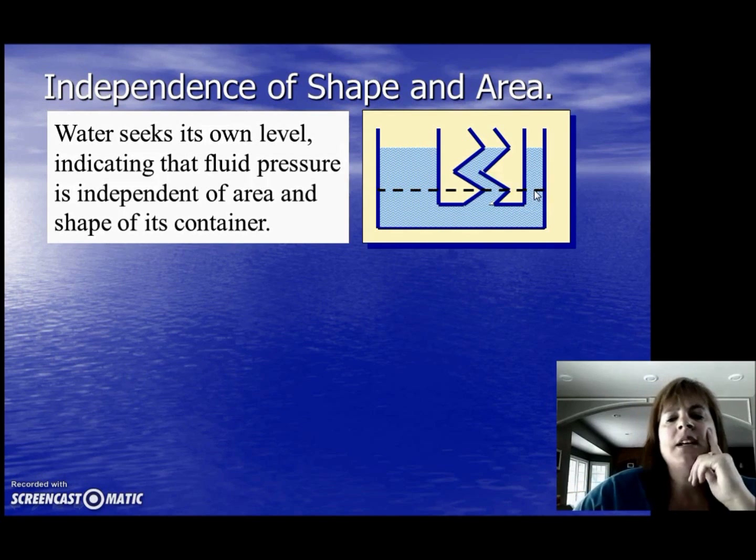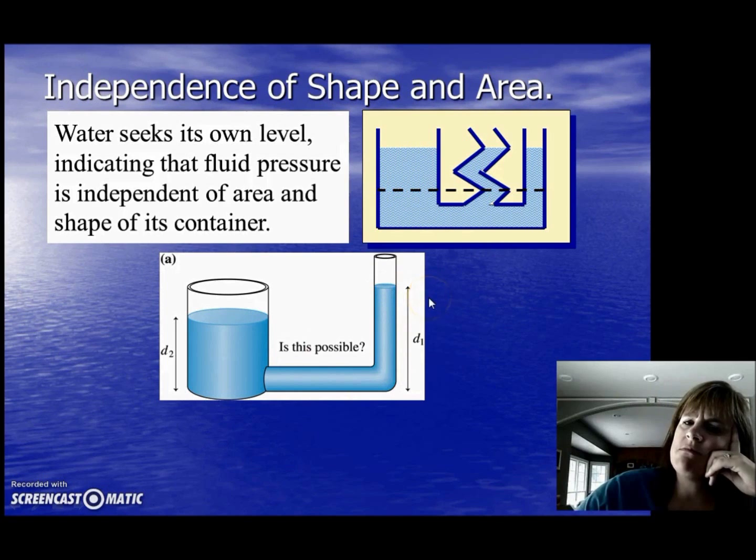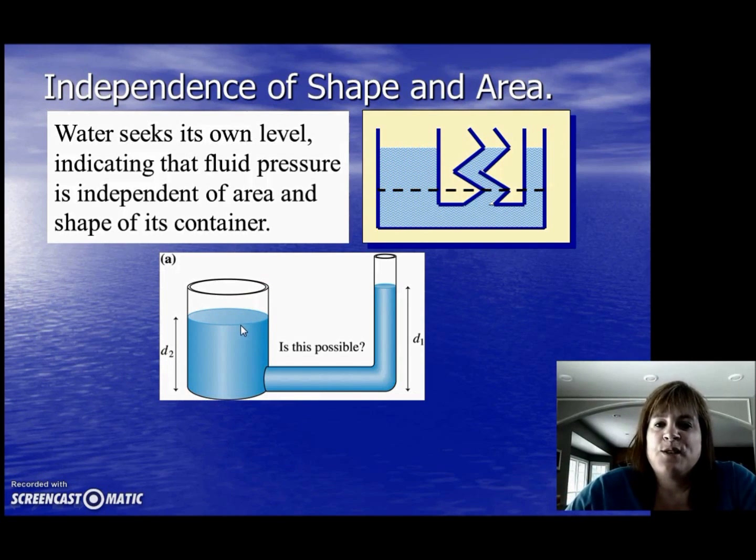So then let me ask you this. If I have this container down here and I fill it up with the same liquid and I get two different heights, is that possible? Well, hopefully you said no, because I just told you that the pressure here has to be the same. Water seeks its own level, or any fluid will seek its own level as long as the density is uniform throughout.